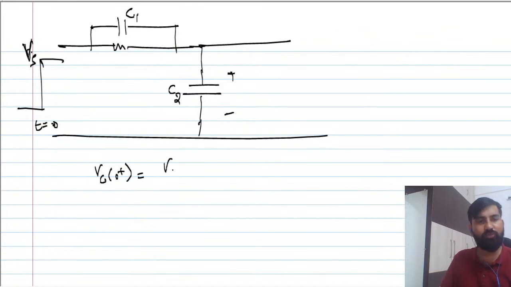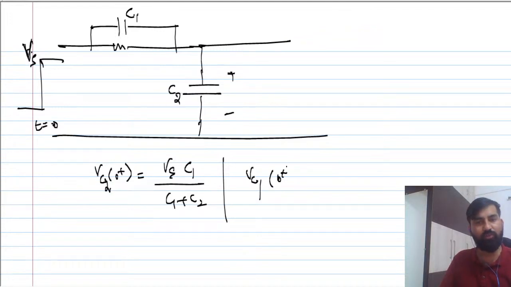You can say VS times C1 upon C1 plus C2, and this is VC2, and this is VC1(0+).